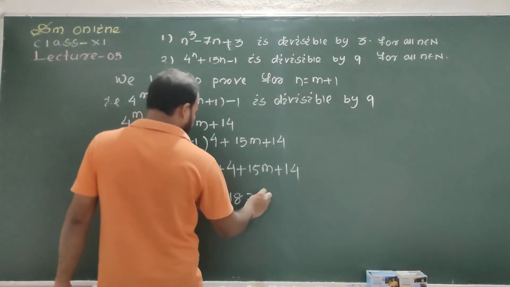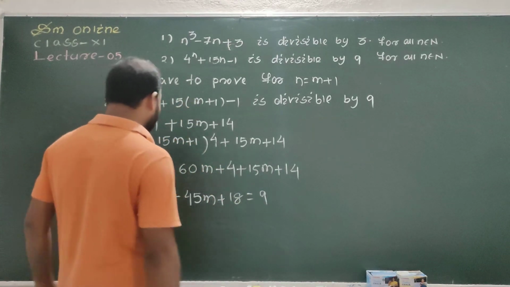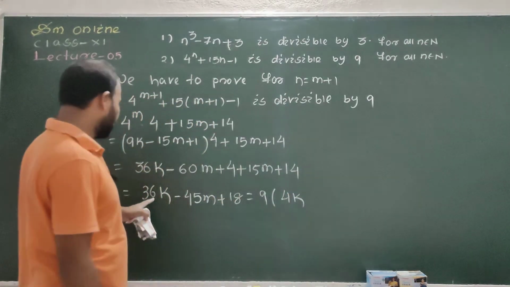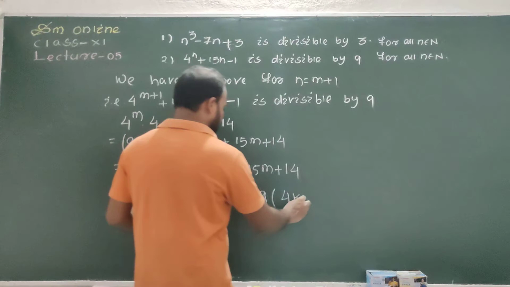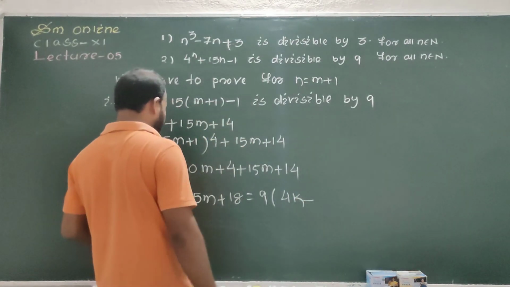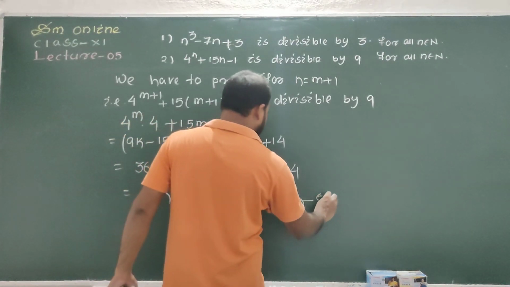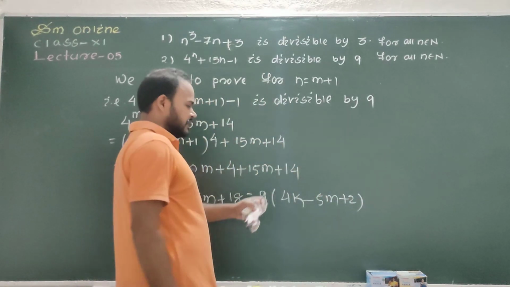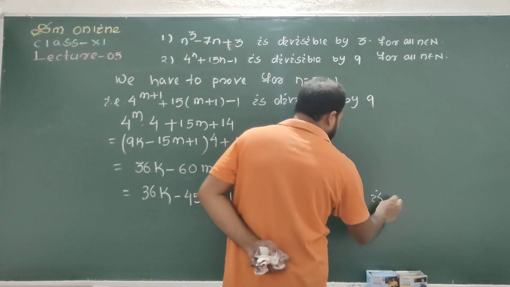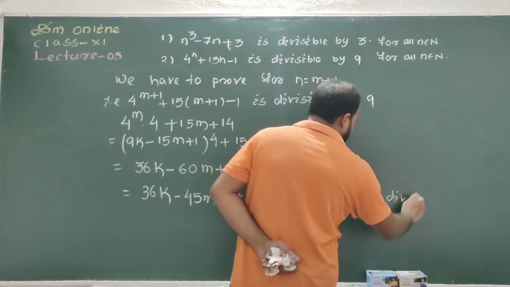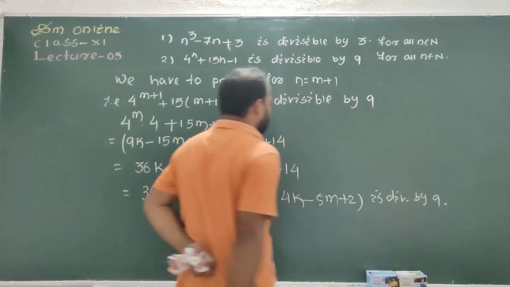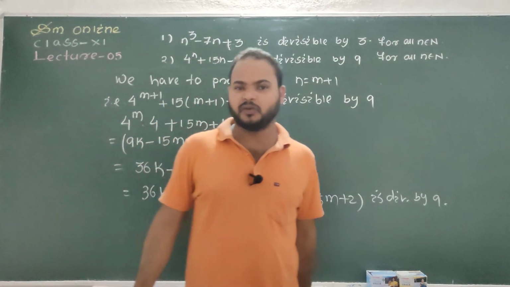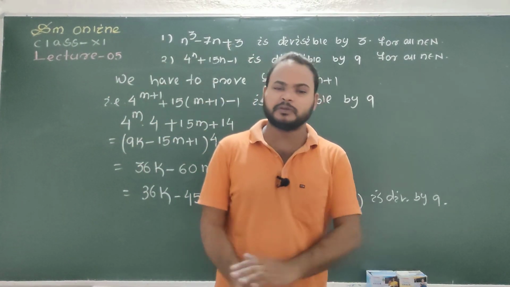Taking 9 as common, it is 9 times (4k minus 5m plus 2), which is divisible by 9. So we have proved that it is true for n equal to m plus 1, which is divisible by 9.